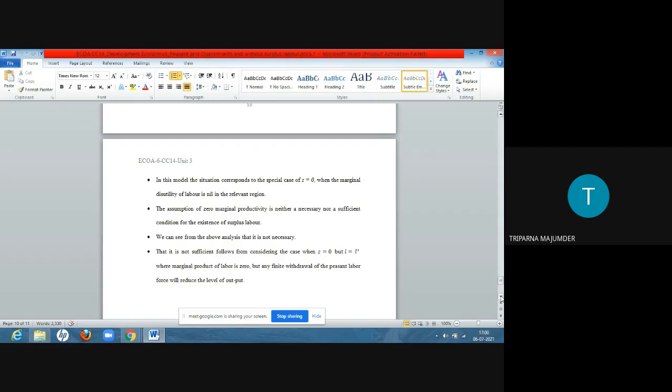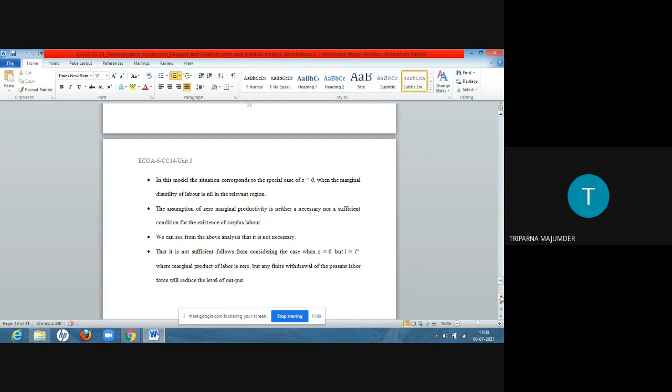So, we began our discussion on surplus labor and disguised unemployment with Knox's concept of zero marginal productivity of labor, and we have found that the marginal product of labor being zero is neither necessary nor sufficient for existence of surplus labor. It is not necessary because we have derived the condition for the existence of surplus labor without assuming marginal product of labor being 0.